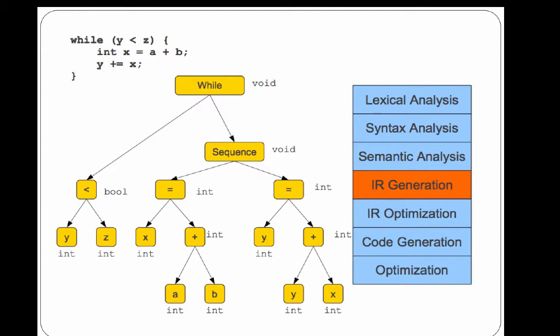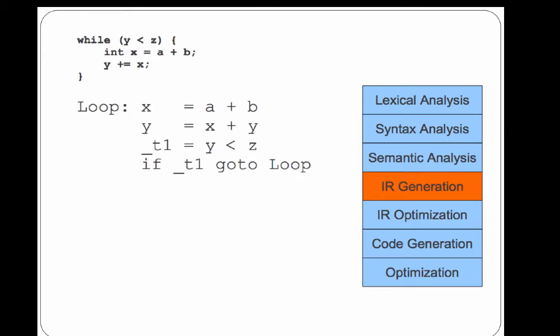The next step after semantic analysis is to generate the intermediate code, or IR generation. For this example, the IR generation of intermediate code might look like this. We have a loop, and each of these statements is a statement in, at the moment, a fictitious intermediate representation.